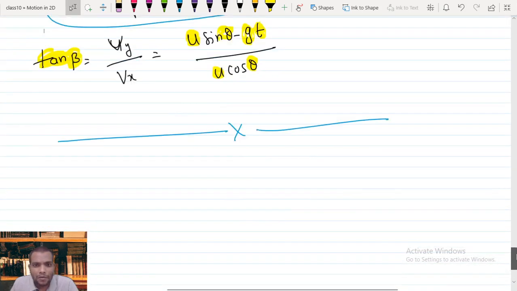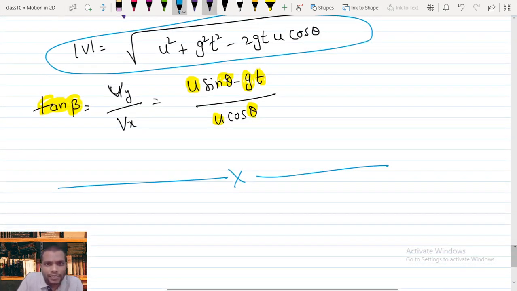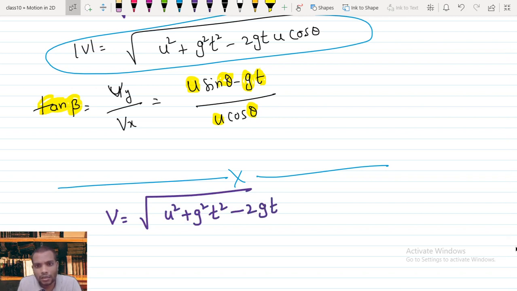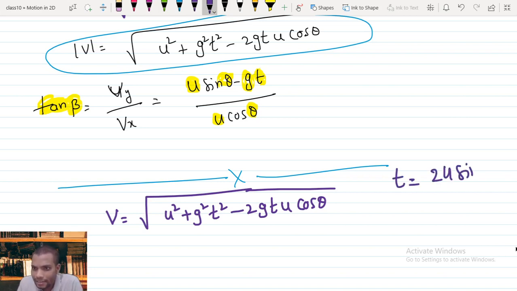And if I substitute the time of flight, the magnitude of velocity v equals square root of u square plus g square t square minus 2gt u sin theta. So this is the velocity expression of the projectile at any instant. At the end also we get the same expression, but at the end we have the time of flight, 2u sin theta upon g.